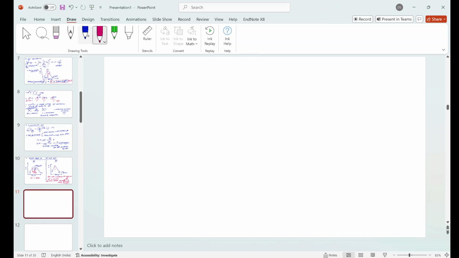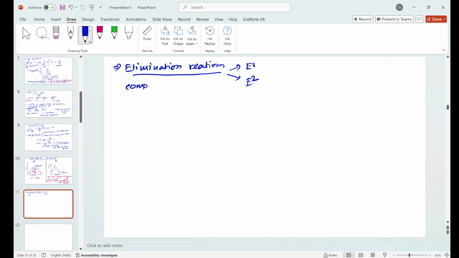So with that, we complete the substitution reaction cases, and now we move to elimination. Elimination reactions can also be the same thing, E1 and E2, and this is competitive to substitution.